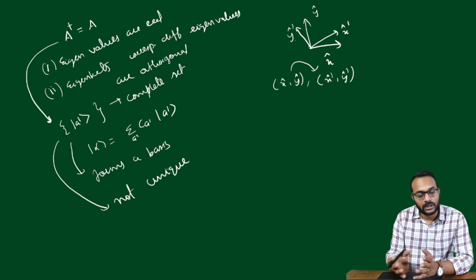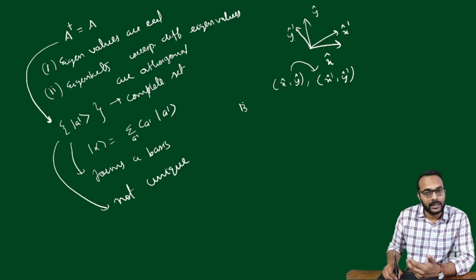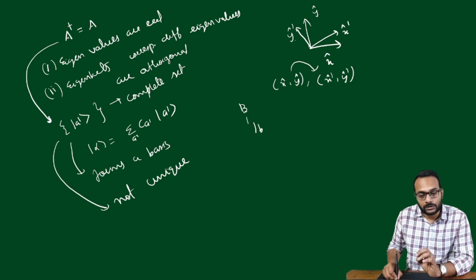We talked only about one observable A. Now, suppose there's another observable B. B will be a Hermitian operator because we said that we'll represent observables by Hermitian operators. And the eigenvectors of B also will form a complete set, or a set of base vectors.